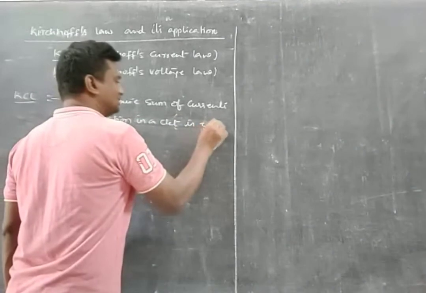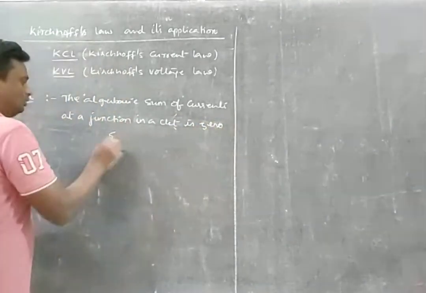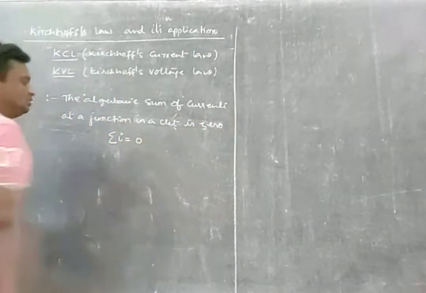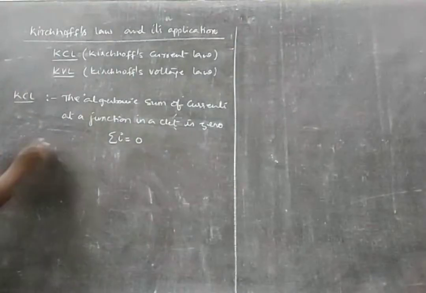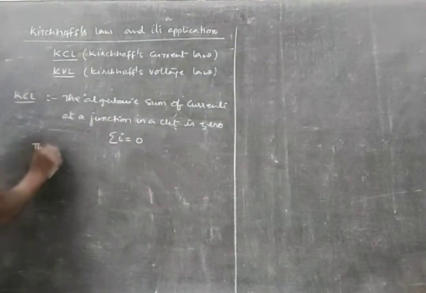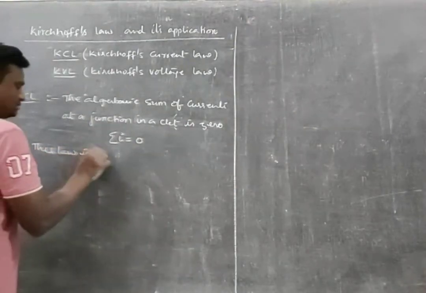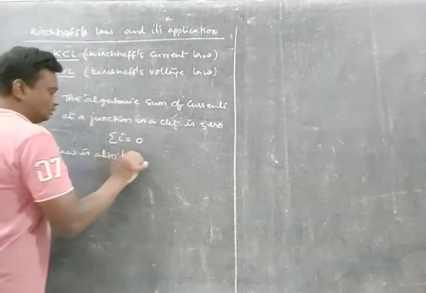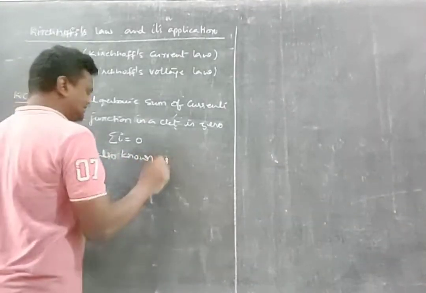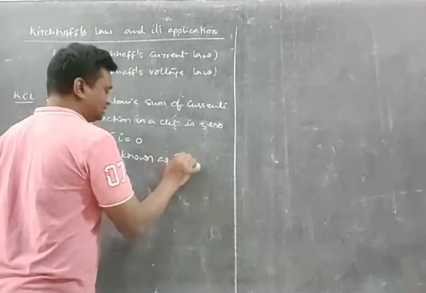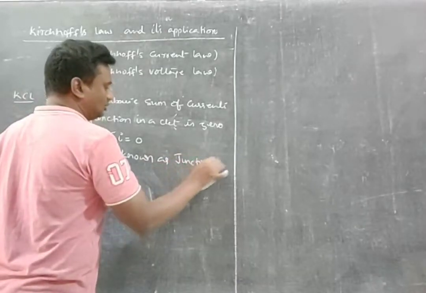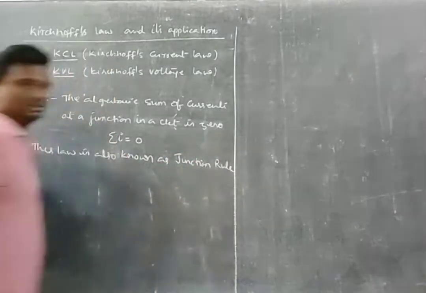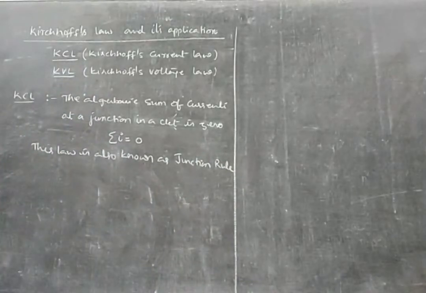Sigma I is equal to 0. This law is also known as the junction rule.